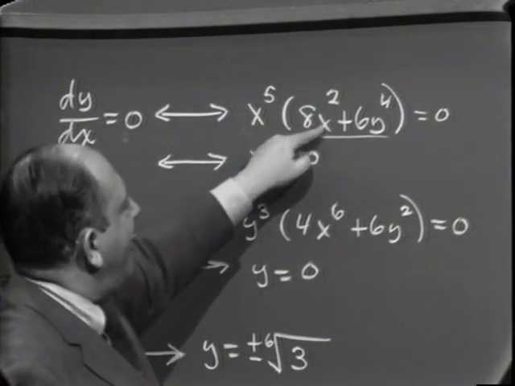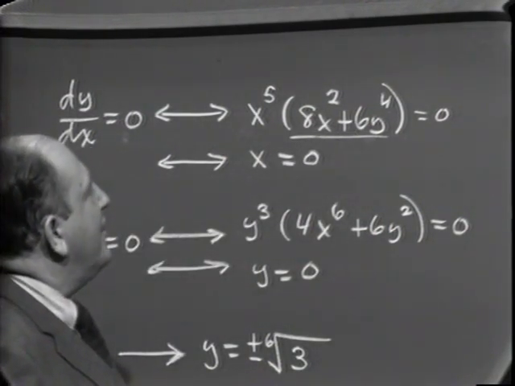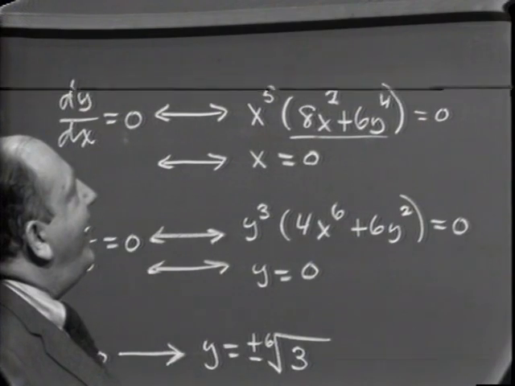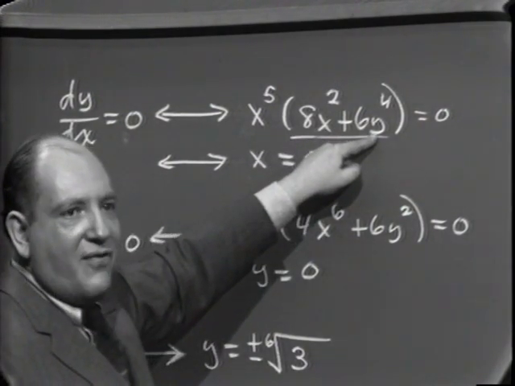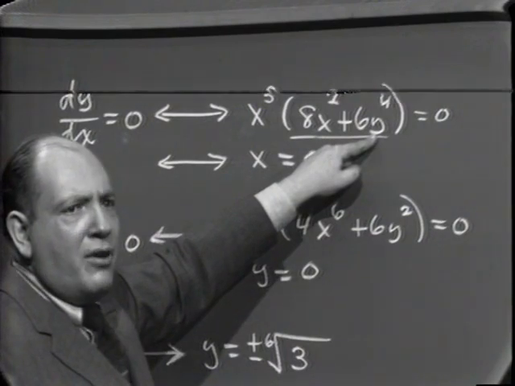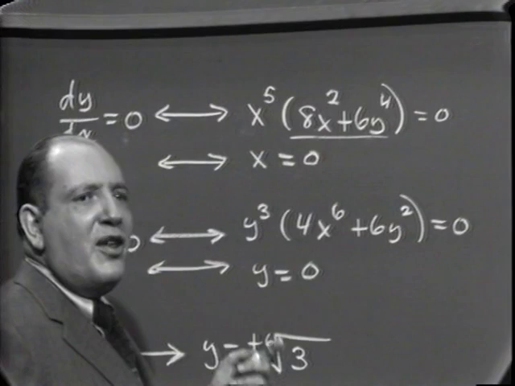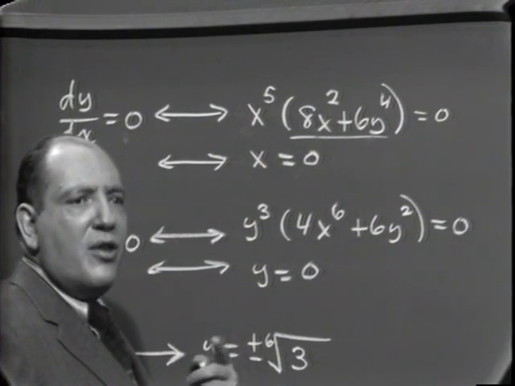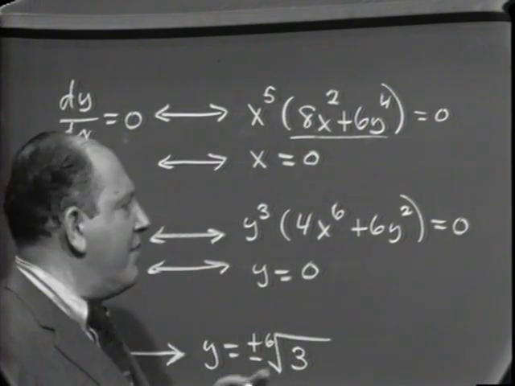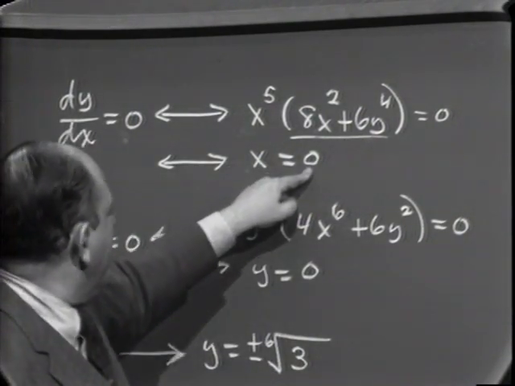Notice, however, that x and y cannot both be 0. Recall that the equation was what? Whatever it was, notice that (0, 0) is not a point which satisfies the equation. Remember, (0, 0) does not satisfy x to the 8th plus x to the 6th y squared plus y to the 6th equals 3. It's equal to 0, you see. But at any rate, notice that the slope is 0 only when x is 0.